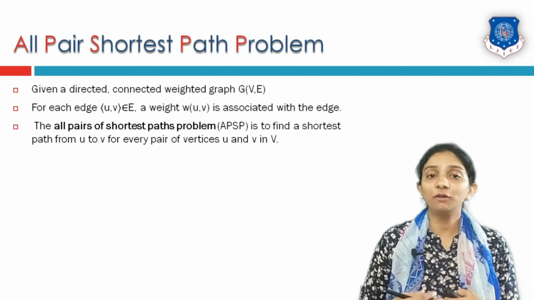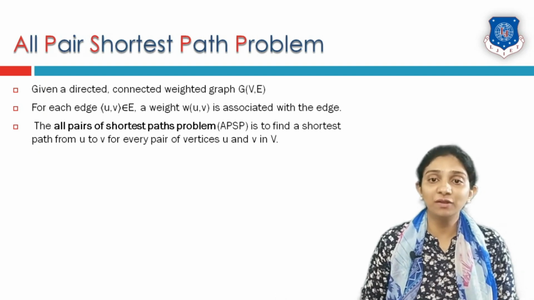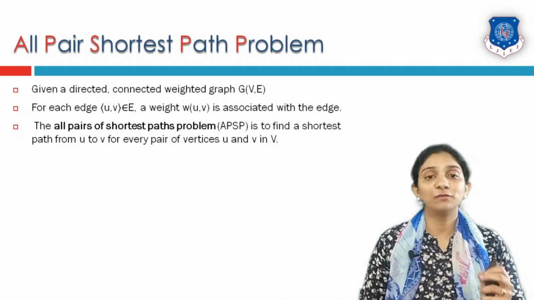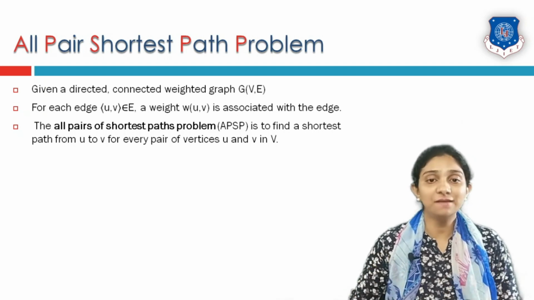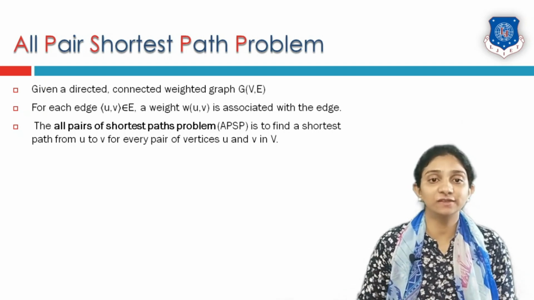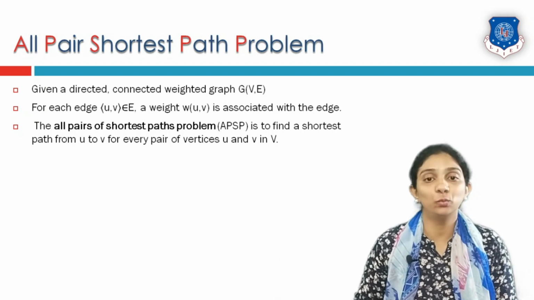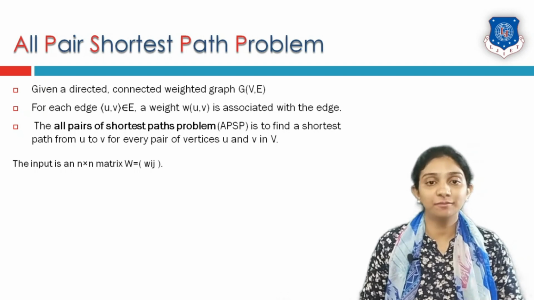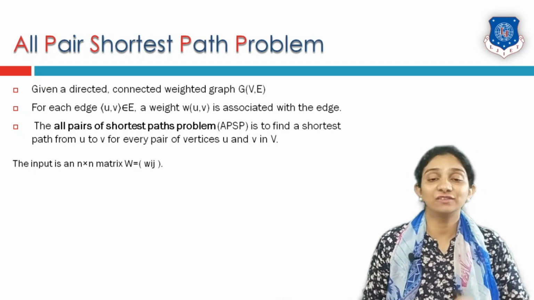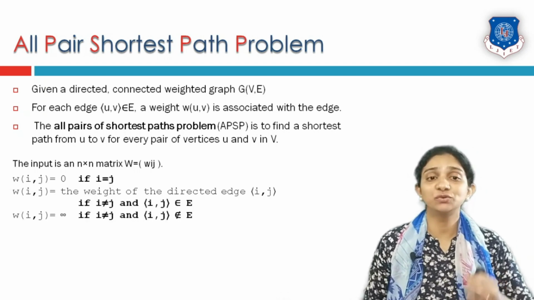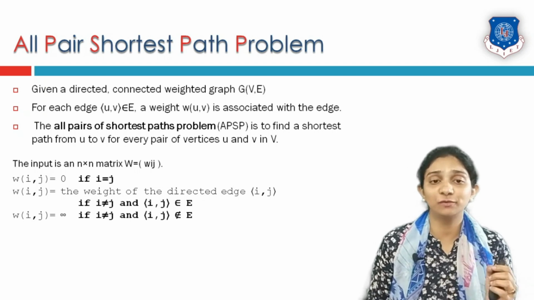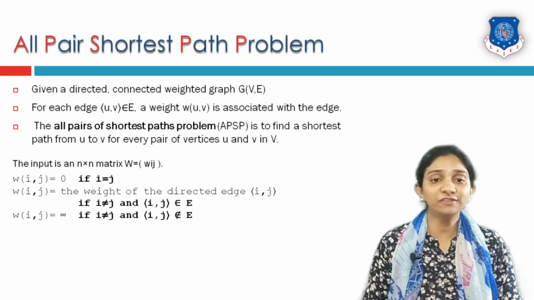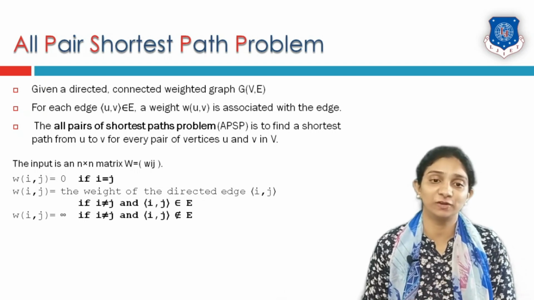The all pair shortest path problem, APSP, is to find the shortest path from vertex U to vertex V for each pair of vertices in a given set V. So here the input is an n cross n matrix, given as the weight matrix, in which weight of ij, that means from vertex i to vertex j, is 0 if both vertices represent the same vertex.